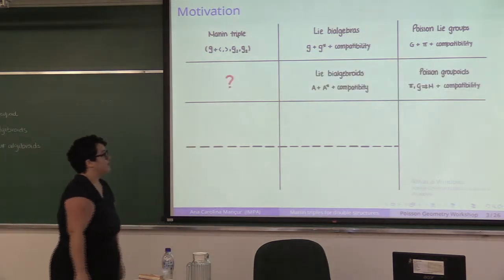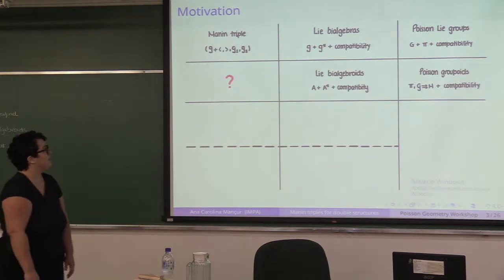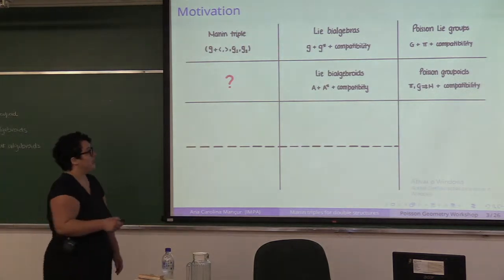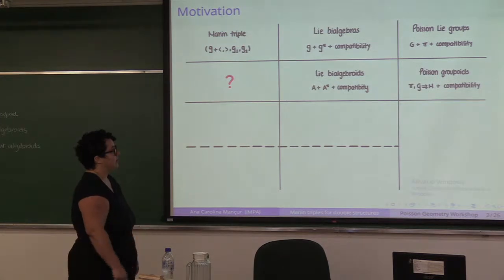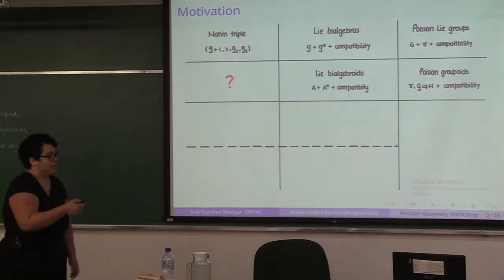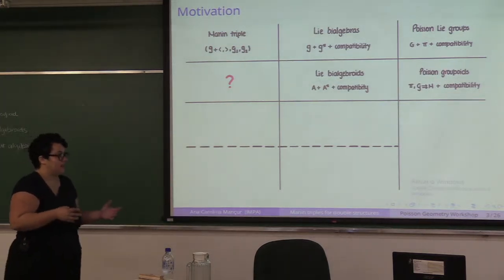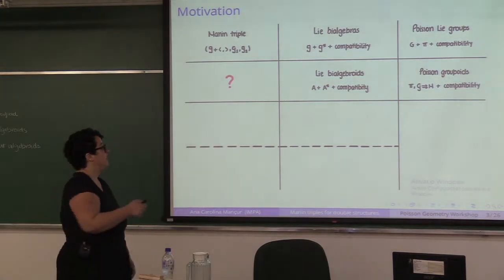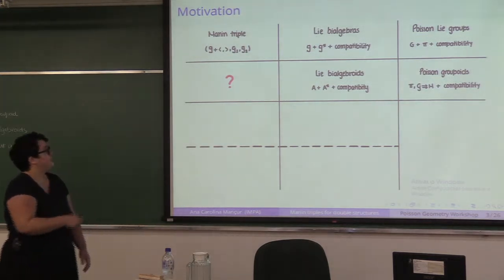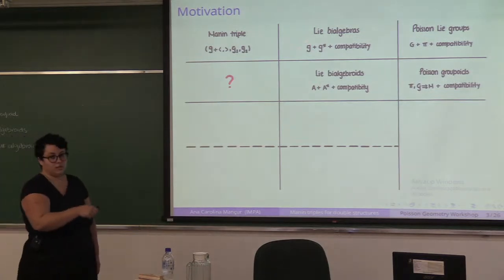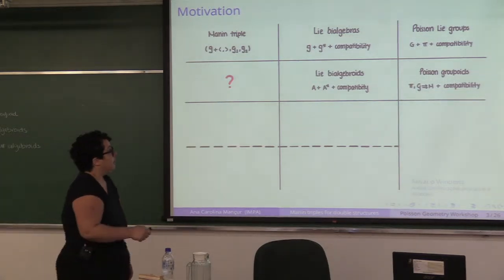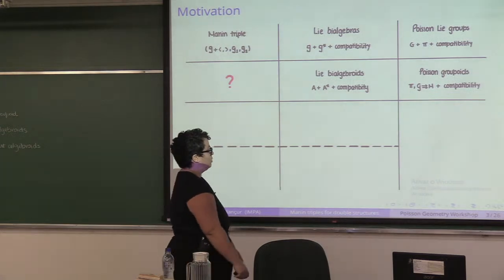So we pass to the second line. I spoil it: here we will get the global objects, here you will get the infinitesimal counterpart, and here we will get the double of these things. Here you have a Poisson groupoid.